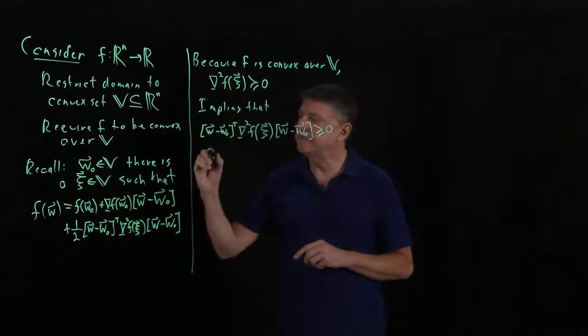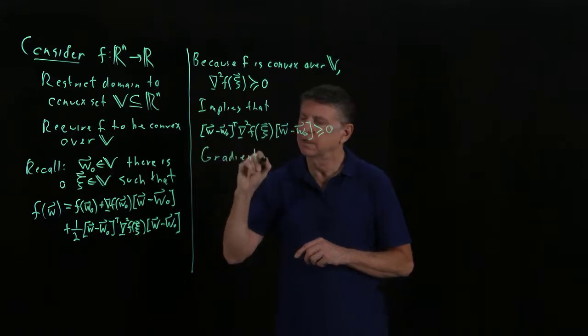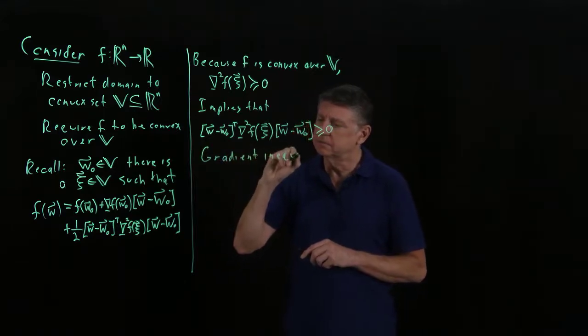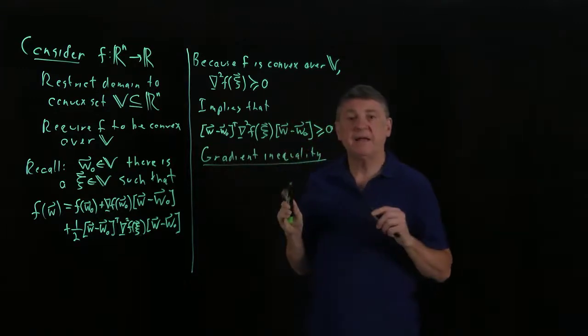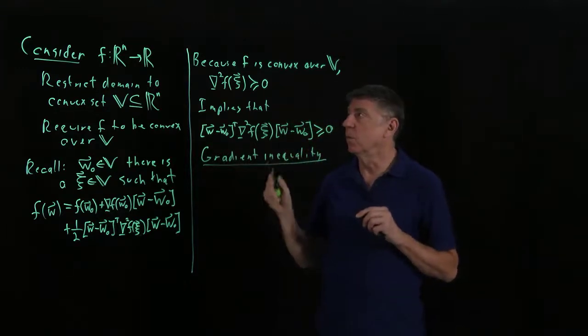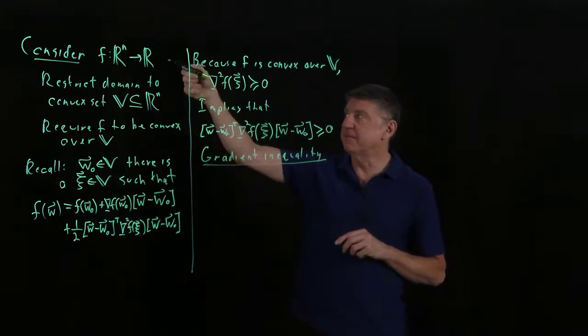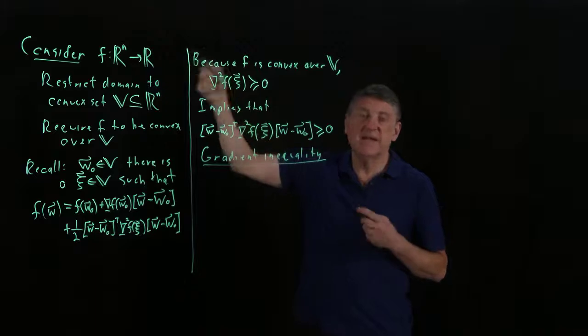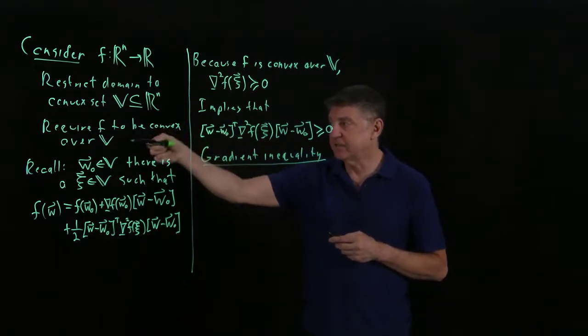And so the gradient inequality is this. The gradient inequality depends on a bunch of assumptions, right? What we're assuming is we have a convex set and that f is a nice function, it's analytic, and it's convex over that entire set.